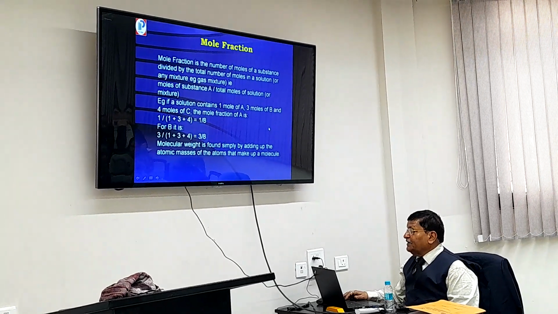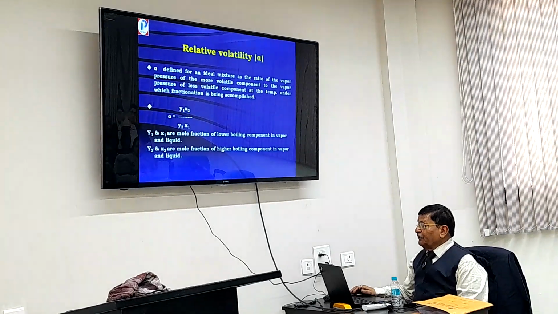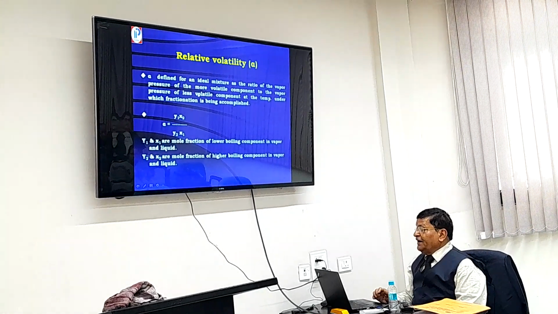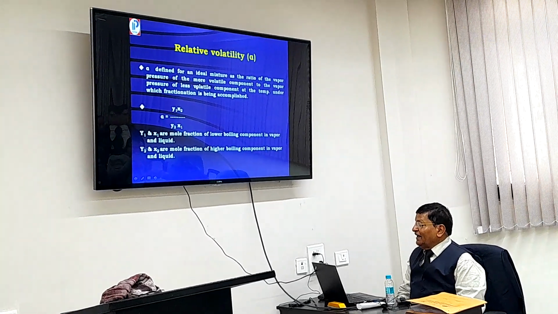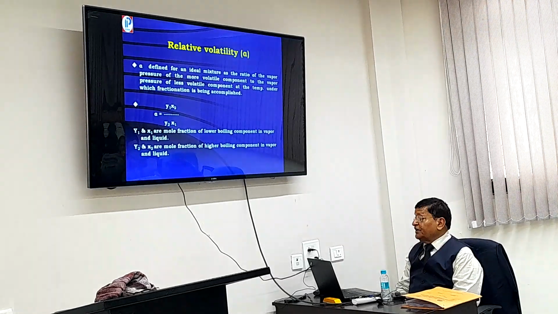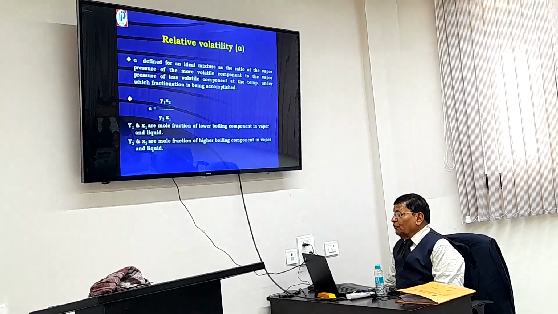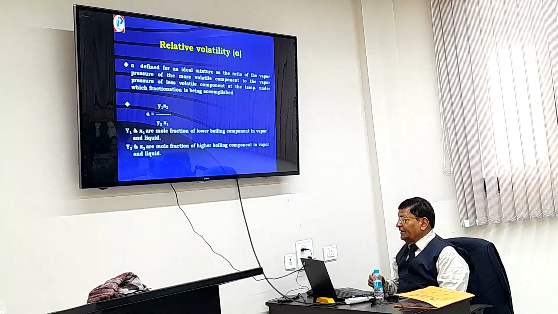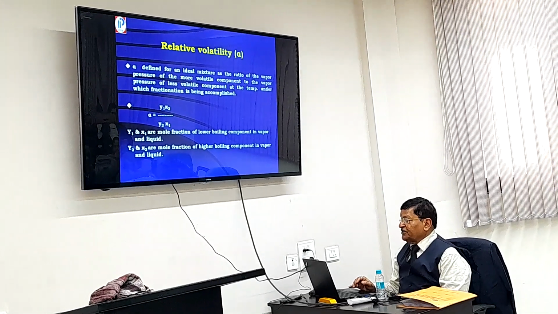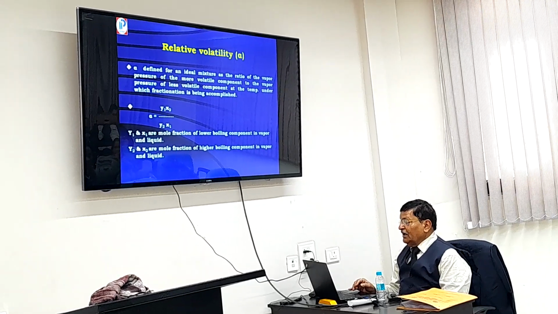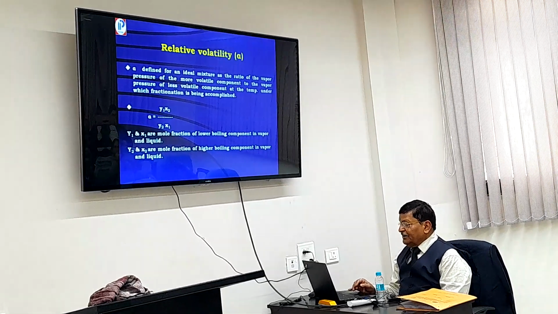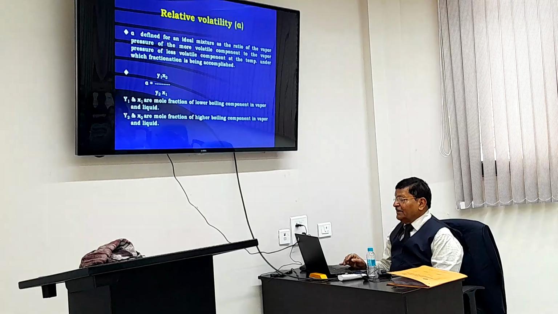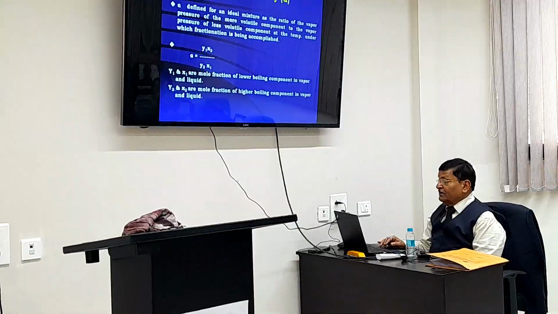Now, relative volatility. Relative volatility is defined for an ideal mixture as the ratio of the vapor pressure of the more volatile component to the vapor pressure of the less volatile component at the temperature at which fractionation is being accomplished. Alpha, the relative volatility, is equal to Y1 x2 upon Y2 x1.